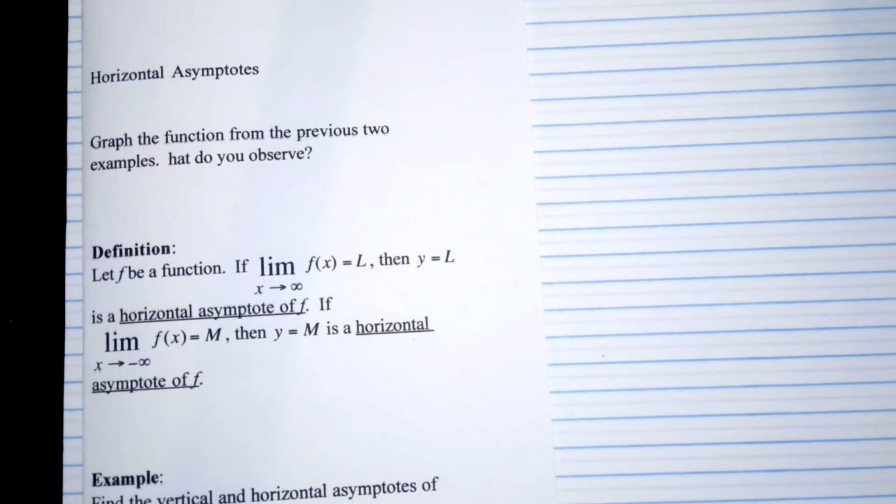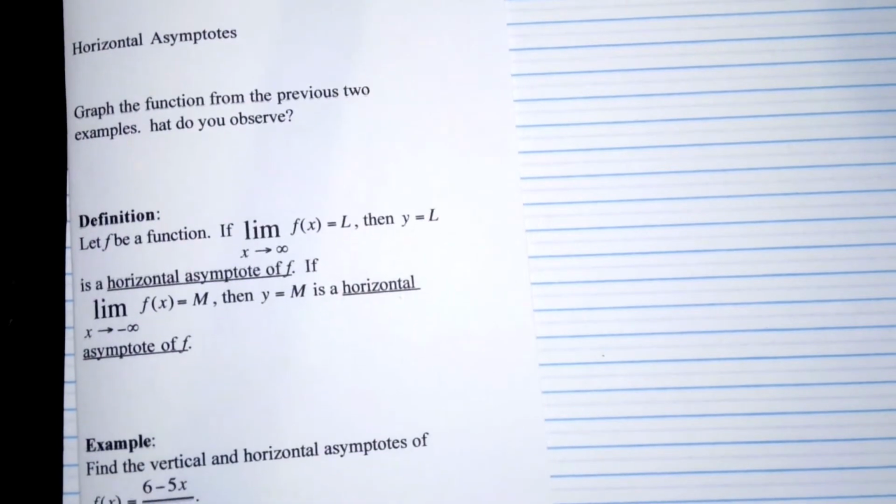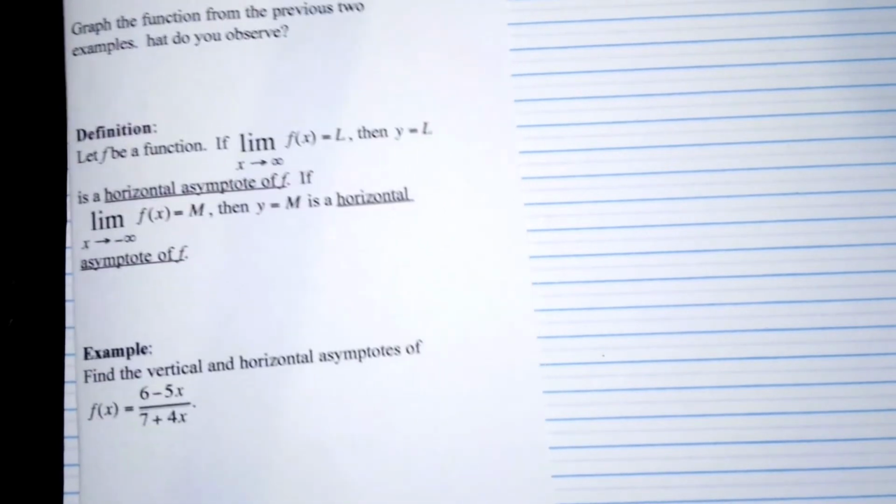Whereas y equals m is going to be a left side horizontal asymptote. And so as the graph goes out to the left, the graph will start following that horizontal line. Some functions have both, some functions have one or the other, some functions have neither.